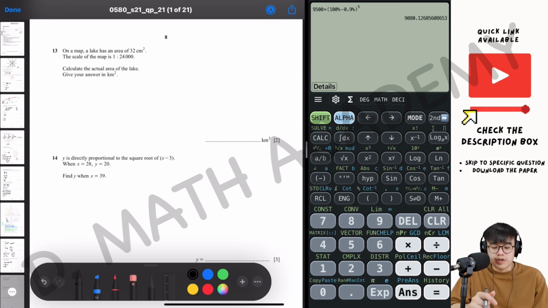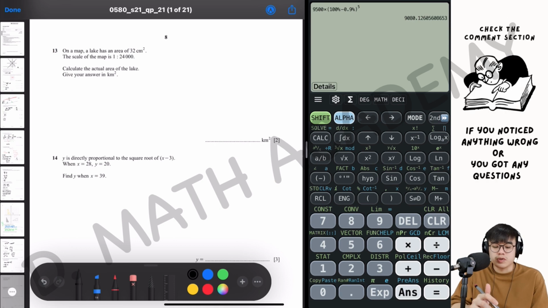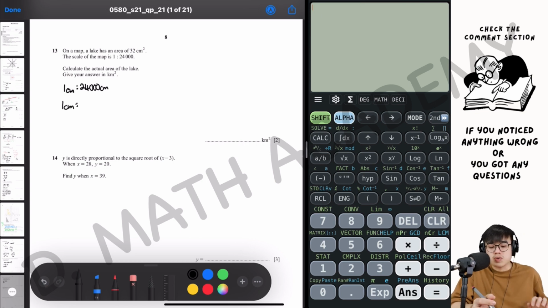Moving on, we have question 13 here. They say that the area was 32 centimeters square. Okay, so they wanted everything to be in kilometers square. You must know that this is 1 cm and this is 24,000 cm. So to make your life easier, I will first convert the 24,000 cm into kilometers.